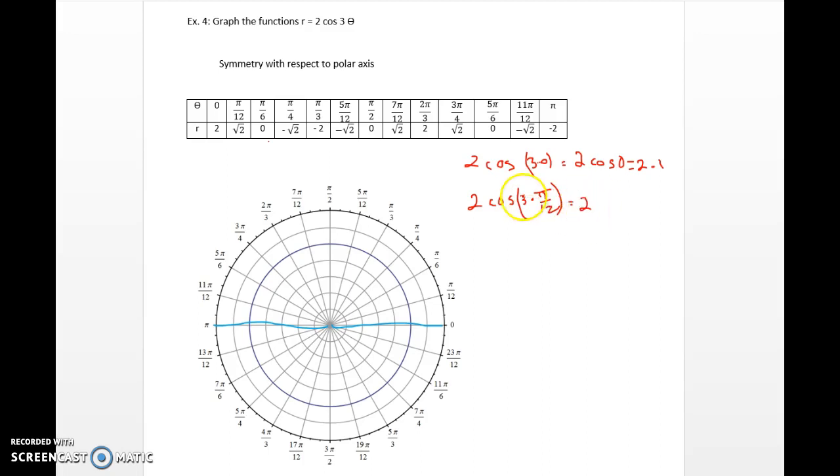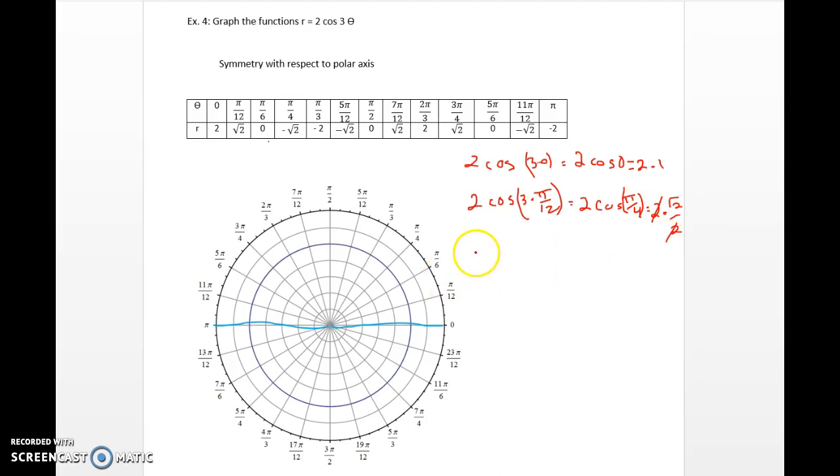If we reduce this, we get 2 cosine pi over 4, because we want 3 pi over 12. And cosine of pi over 4 is root 2 over 2. So we get 2 times root 2 over 2, and these cancel, and we're just left with root 2.